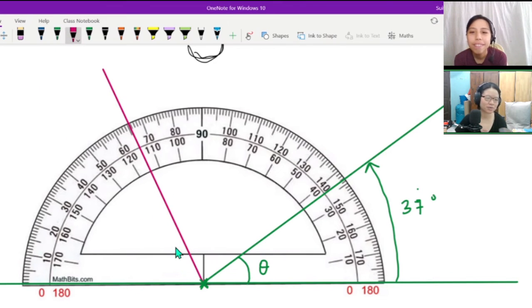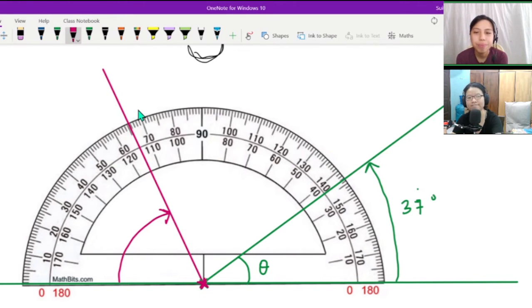All right, let's say you want to look at this angle, you will measure. You can measure from both sides, it doesn't matter. But the important thing is please make sure that you start your measurement from here. Whatever thing that you want to measure, the center of the semicircle. So here, this one is 65.